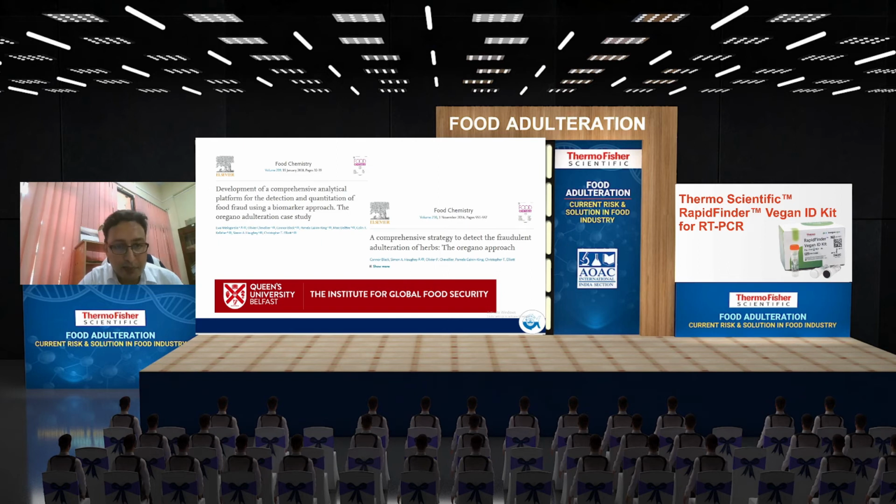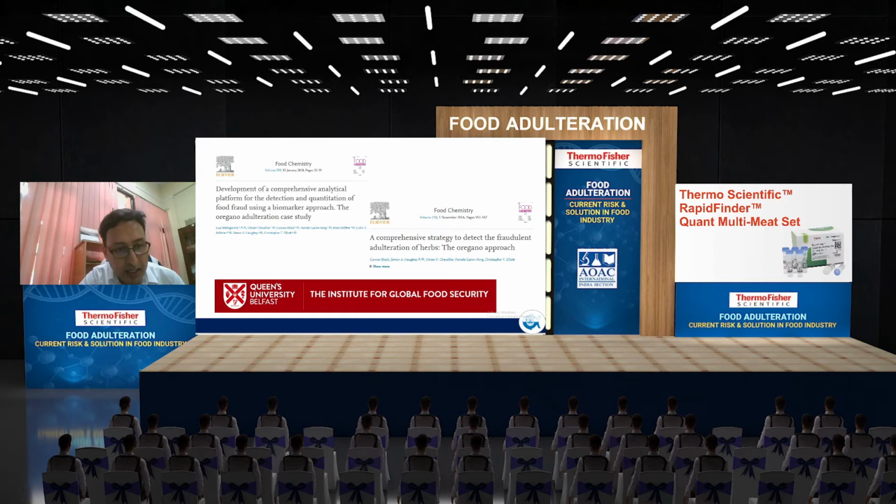From this research, two publications came from my postdoc lab, Queen's University. The first one developed a comprehensive approach in which they did DNA-based authentication, followed by rapid testing with FTIR, and followed by authentication using mass spectrometry. A paper has come which shows that vibrational spectroscopy methods can be as accurate as 90% or more.